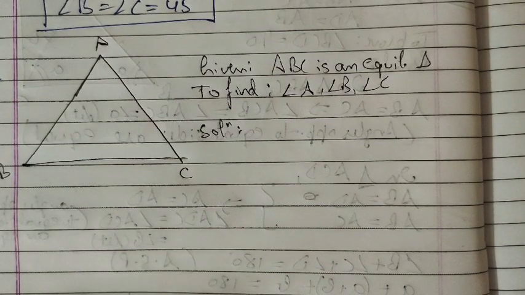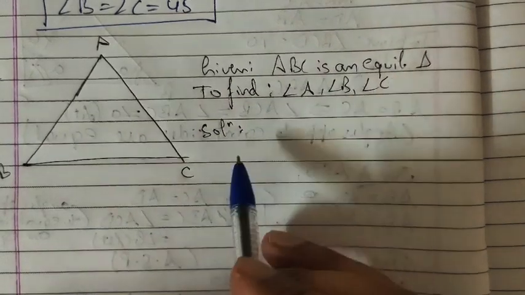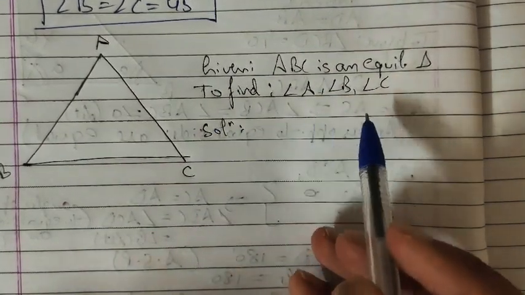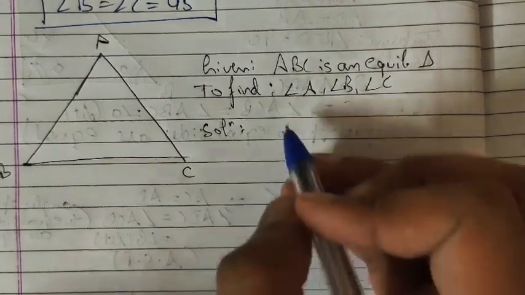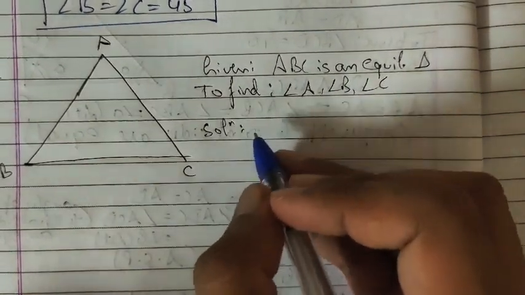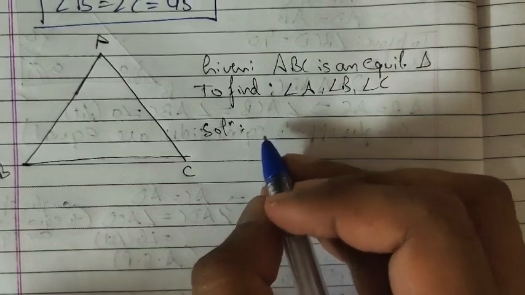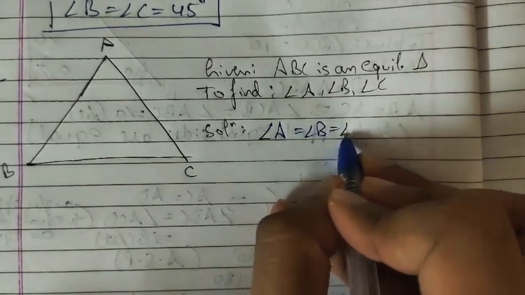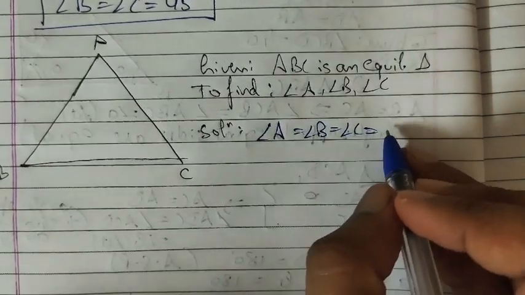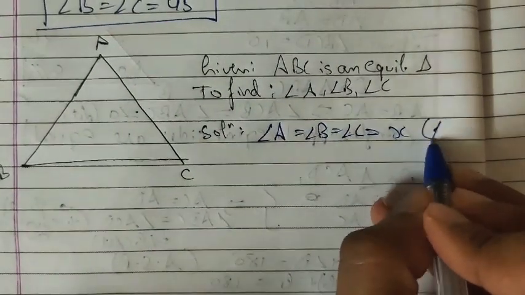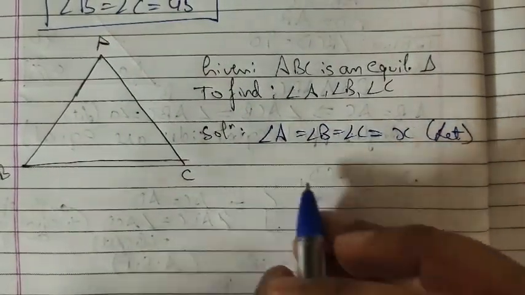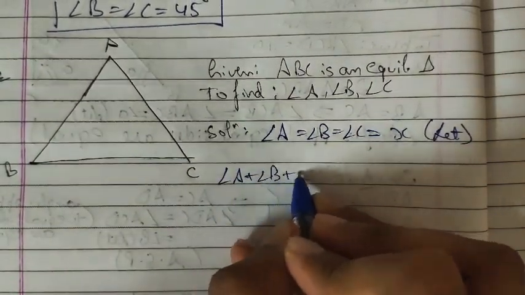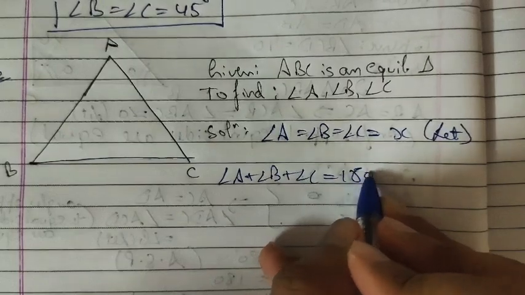In this, given that triangle ABC is an equilateral triangle, so we have to show that angle A, angle B, angle C are 60 degree each. We know that in an equilateral triangle all the angles are equal. So angle A is equal to angle B is equal to angle C is equal to, let's say, X. Without assuming also you can do. Now we know that angle A plus angle B plus angle C will be equal to 180 degree.